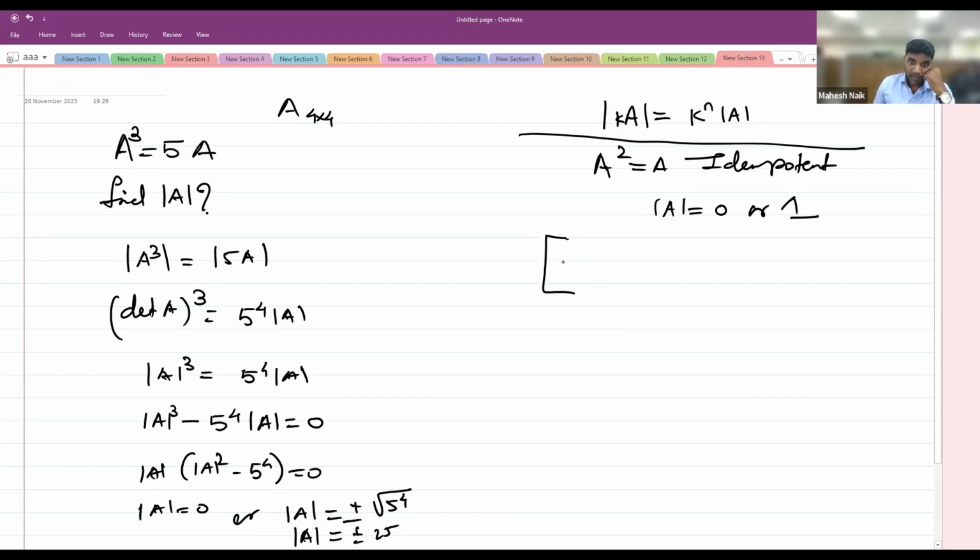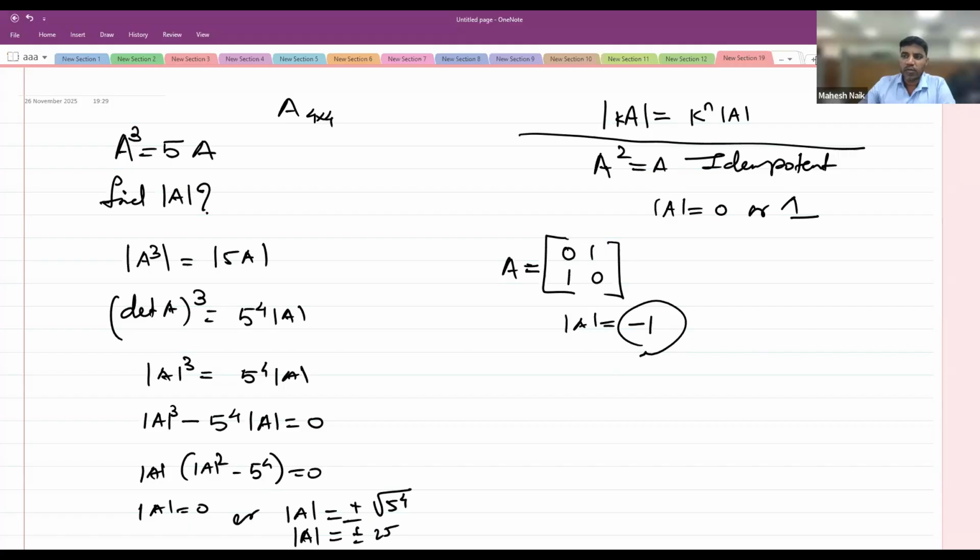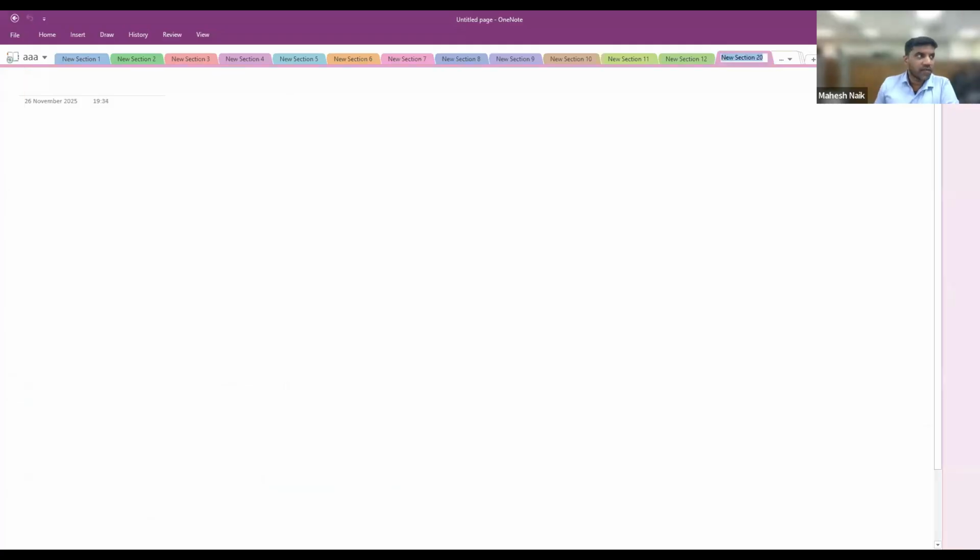Like for example, if the matrix is 0, 1 and 1, 0, and I want to check if this matrix is idempotent or not, we can simply find the determinant, which will be equal to minus 1. And since the determinant is not equal to 0 or 1, we can accordingly conclude that the matrix is not idempotent. Yes, sir. So that's an indirect use of determinant that we can do here.